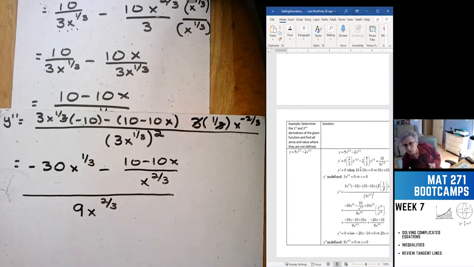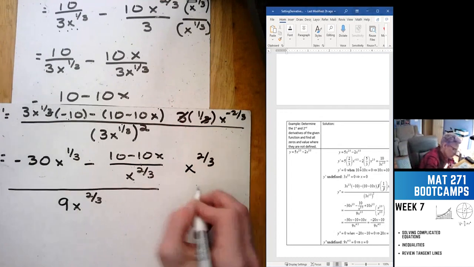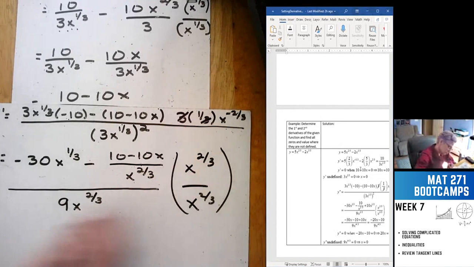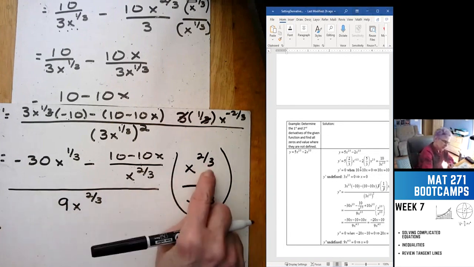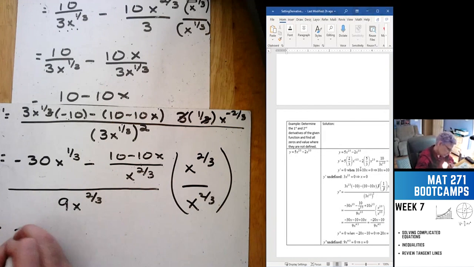Did I make it so far so good? So far, so good. Cool. Get rid of that fraction over a fraction. Yay, 2/3 times x to the 1/3 gives me a plain old x.